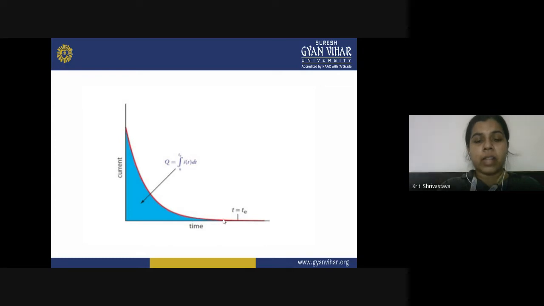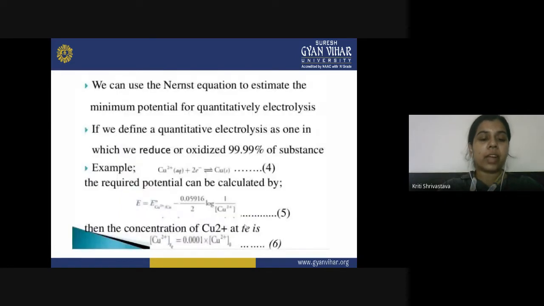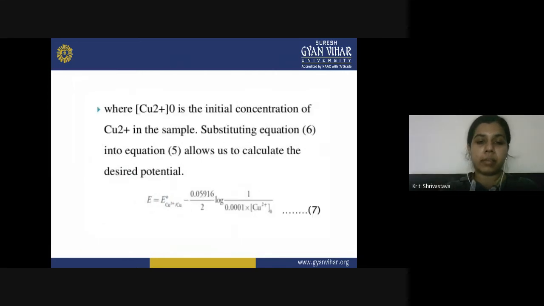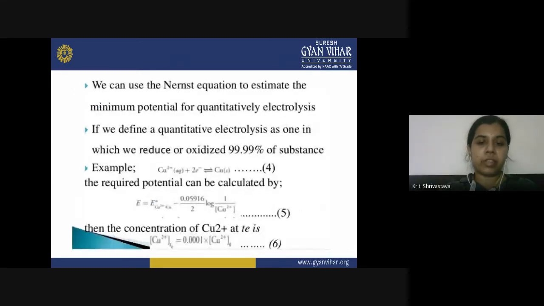So when the current becomes 0, ideally, at that time you say that the electrolysis is complete. When the concentration of the analyte becomes 0 at the time Te and the current becomes 0, you say that electrolysis of the analyte is complete.